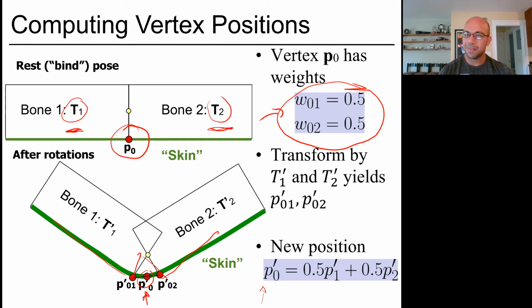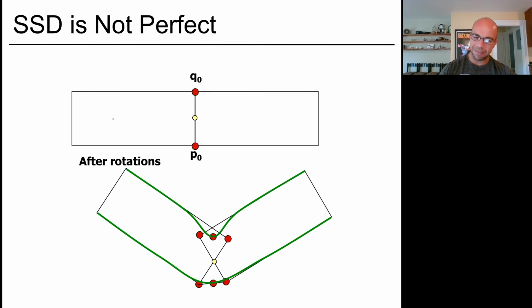Now, if you stare at this picture long enough, you might say, but Justin, you've kind of cherry-picked an example here. In particular, what happens to the top of the arm? And you'd be absolutely right. So let's say we mark a different point q naught, and we want to know where it went. We'll notice that kind of a funny thing happened, which is like points here moved in, points there moved the other way.